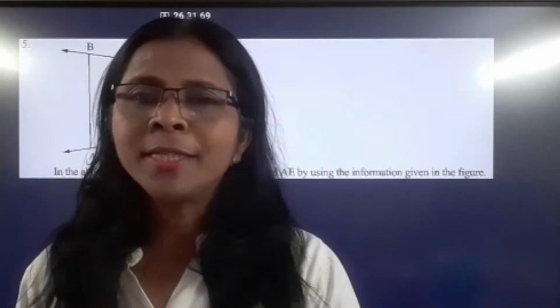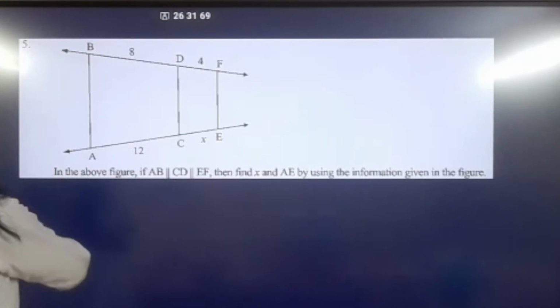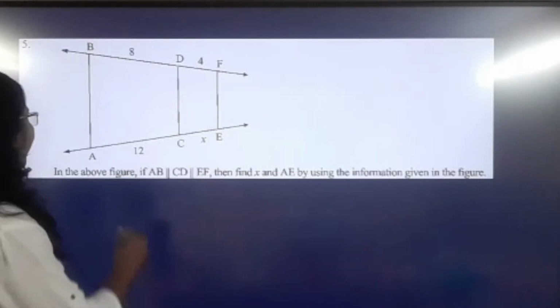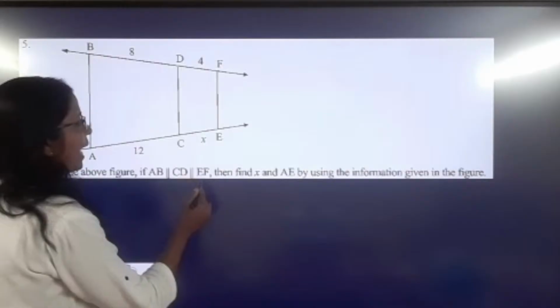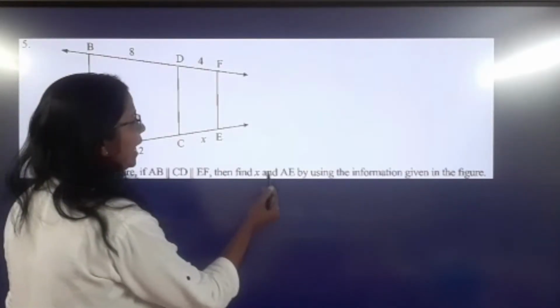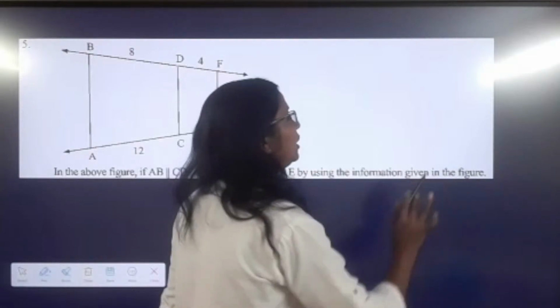So now let us see the next example, students. The fifth one: in the above figure, if AB parallel CD parallel EF, then find x and AE by using the information given in the figure.